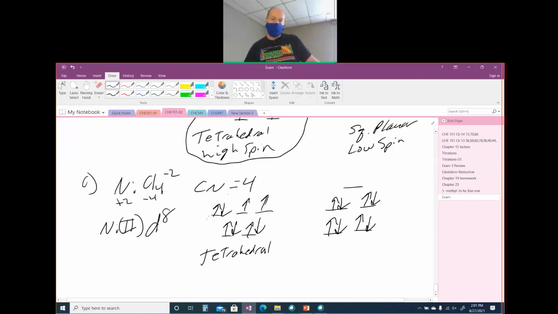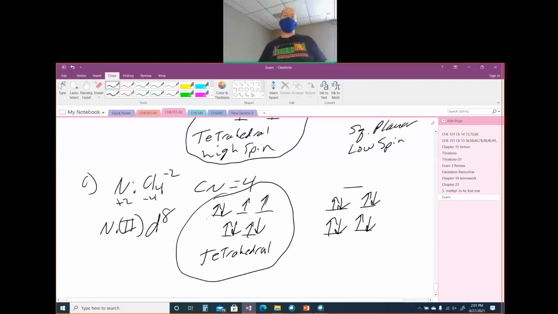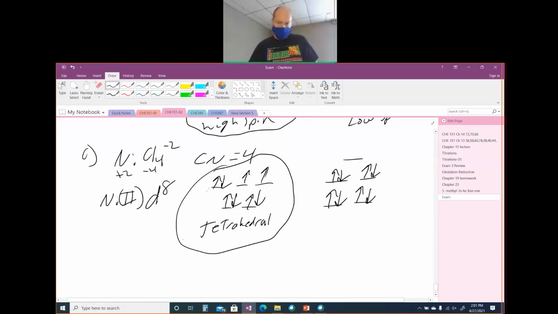If we were going to predict, we would have predicted square planar, because anytime you have a coordination of 4 and D8, the high percentage of those are square planar. Not all of them. This one is tetrahedral. And the hybridization for tetrahedral is sp3.